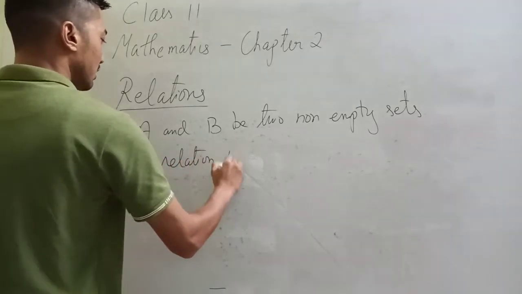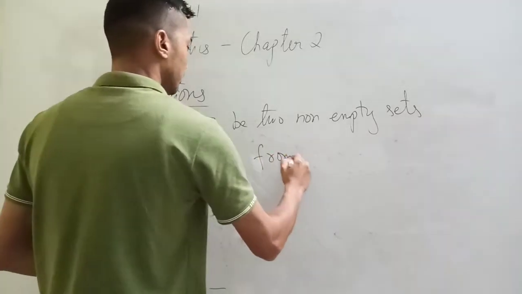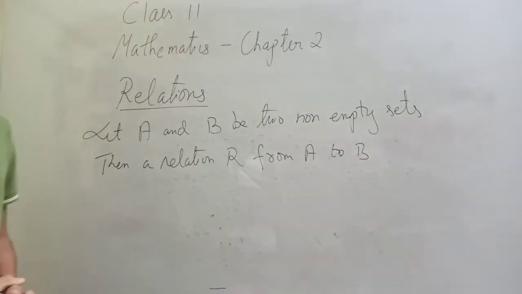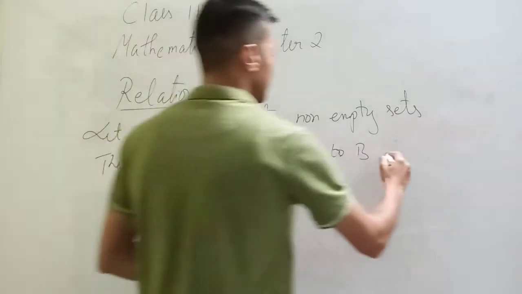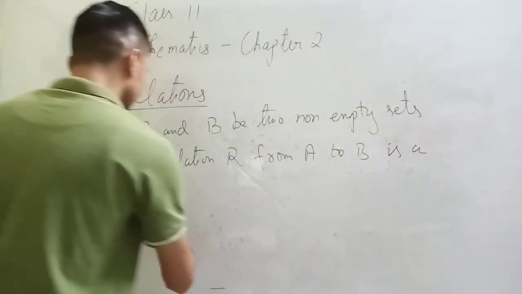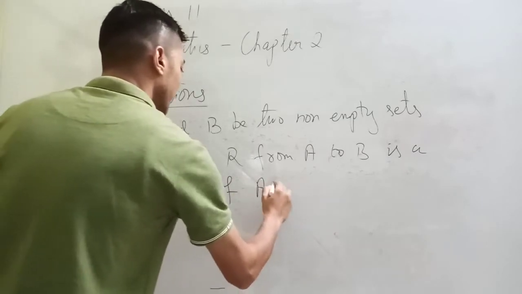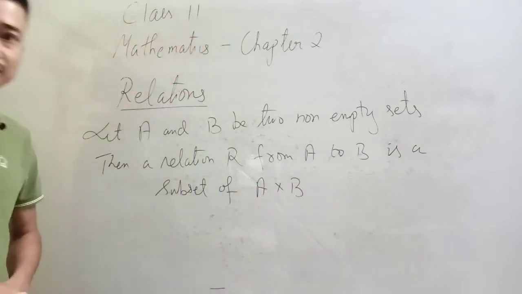Then a relation R from A to B is a subset of A cross B.